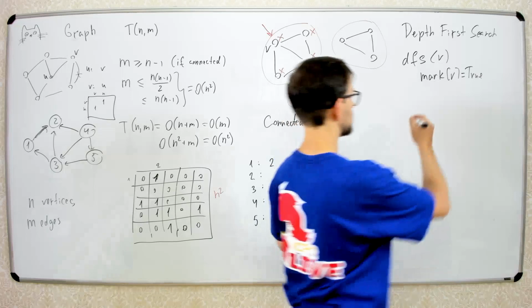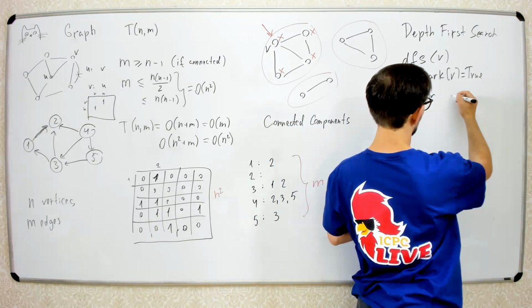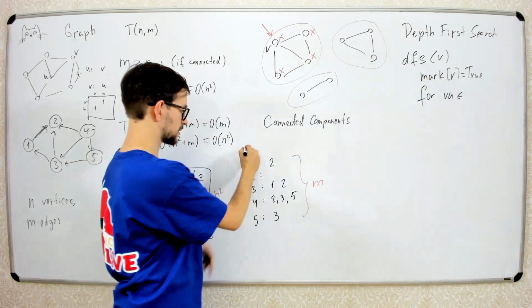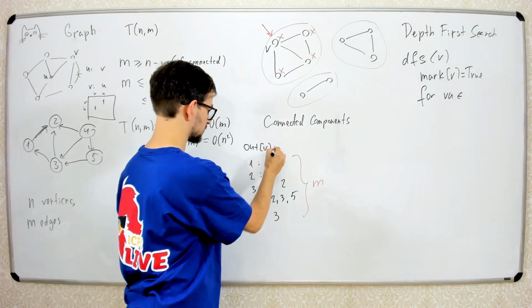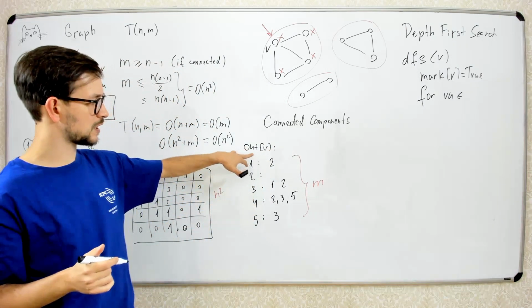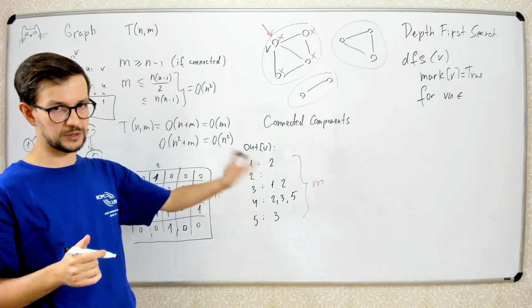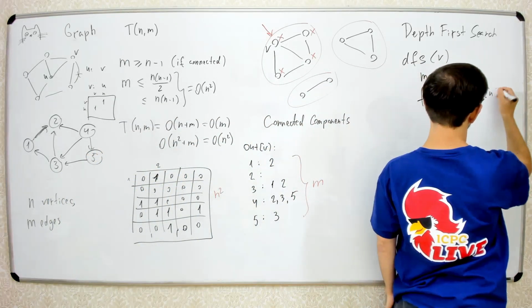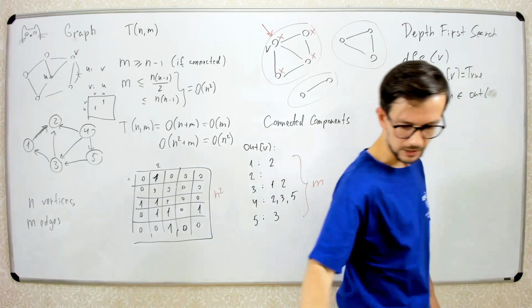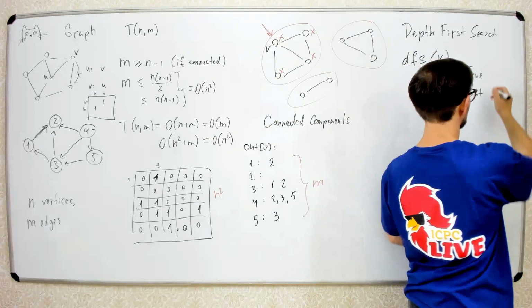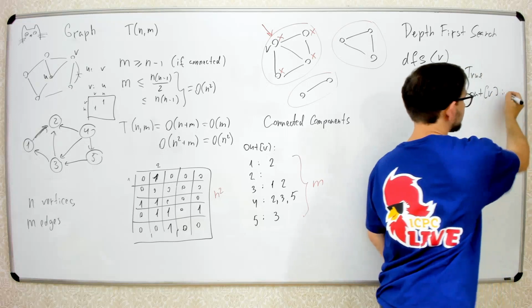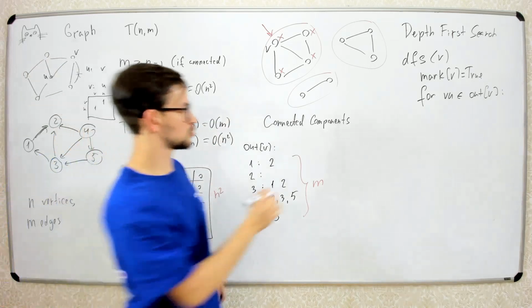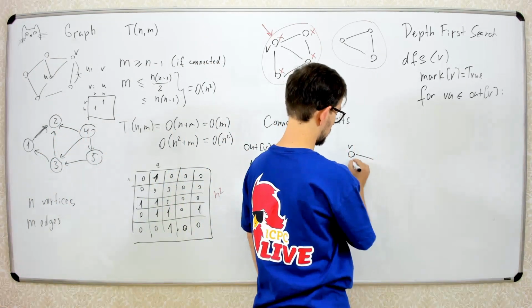Now we iterate over all edges connected to node V. So we mark node V and then try to mark everything connected to it. We iterate over all edges VU. Let's call this list out of V. So out of V is the list of all edges connected to node V. You're standing in node V, you take all the edges.